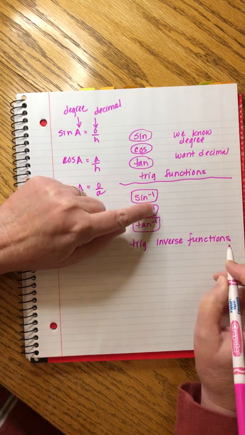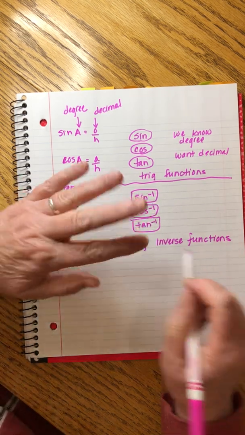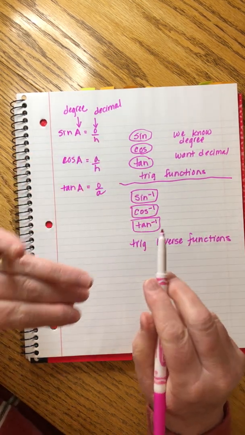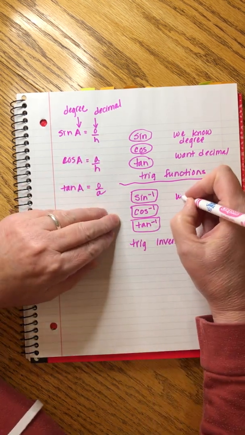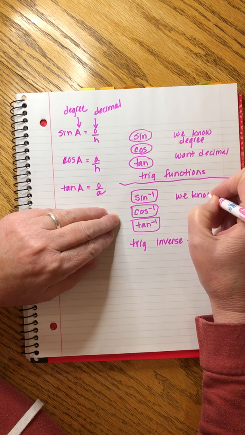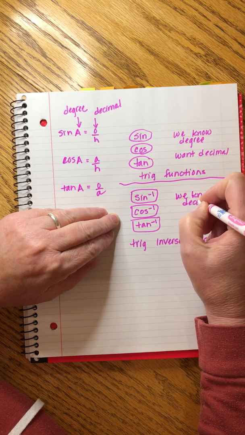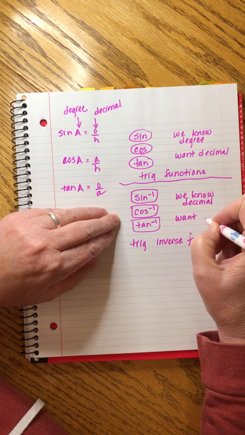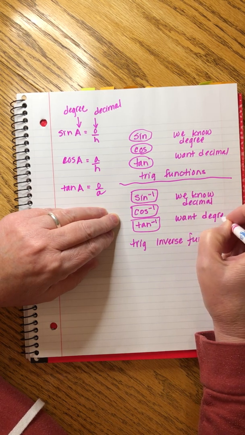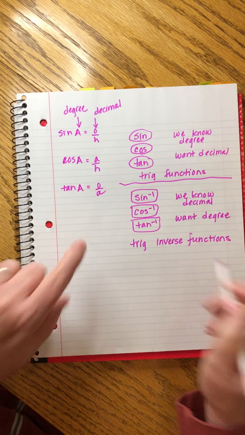The -1 isn't literally a negative reciprocal. It's just the way our calculators code the fact that this is the different button. And in these, we know the decimal number, and we want the degree of the size of the angle, okay?